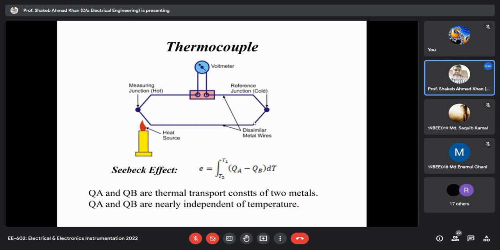Anyway, now the thermocouple is, unlike the resistive sensors we have discussed till now, basically an active sensor. Here you see, we are not connecting any source to it. It is self-generating type.